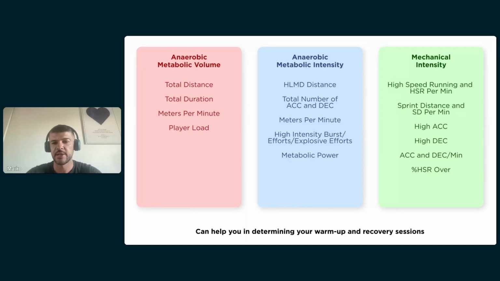But I also understand why you put the green zone, because of the high accelerations and high decelerations. So small-sided games like this will have a combination of metabolic but also mechanical intensity. They will definitely hit more blue and green zone. So both of you are correct here.